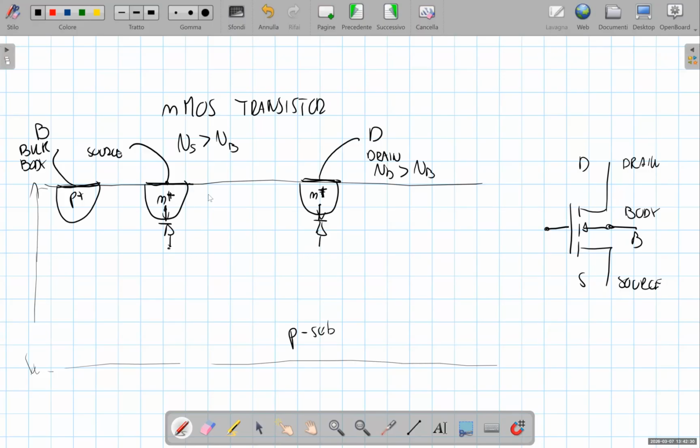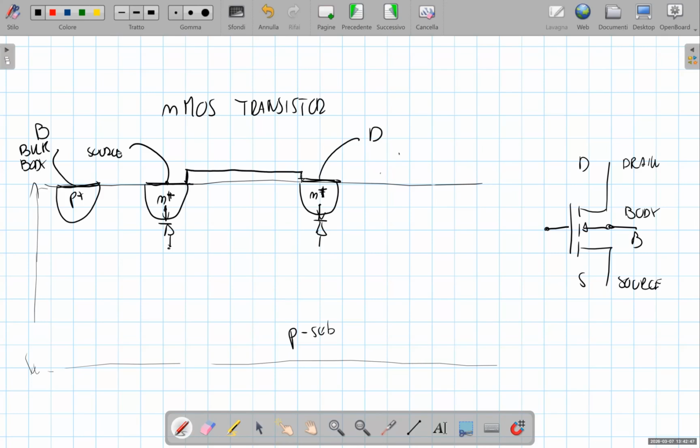On the top of this structure, what is done is to add basically a structure which resembles a capacitor.